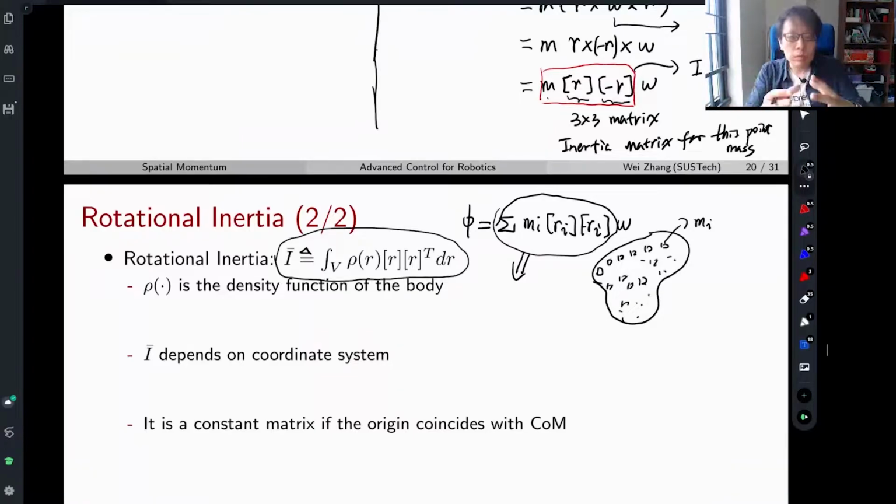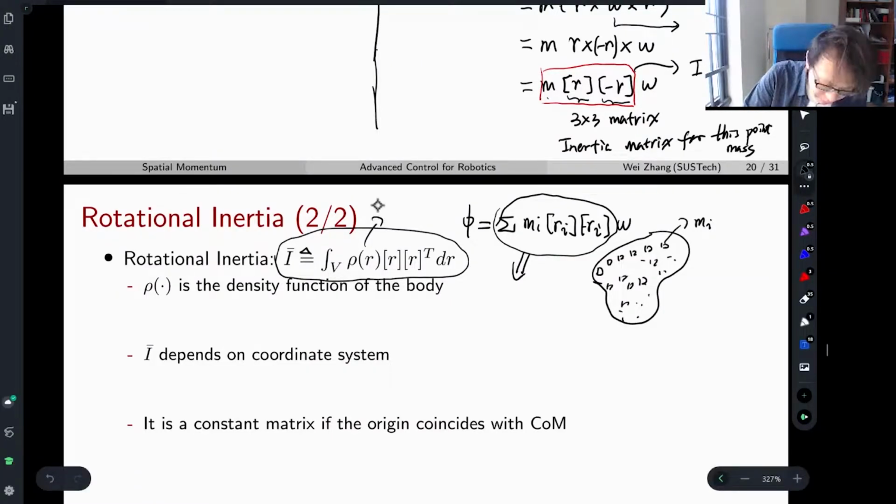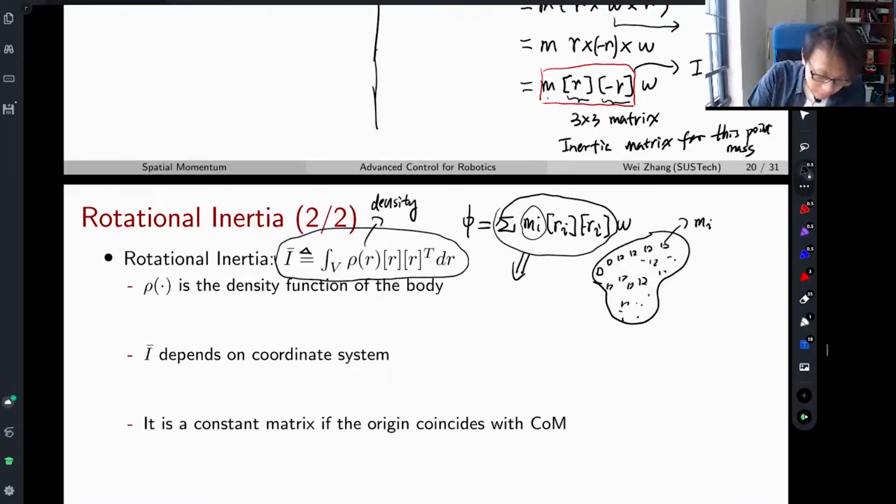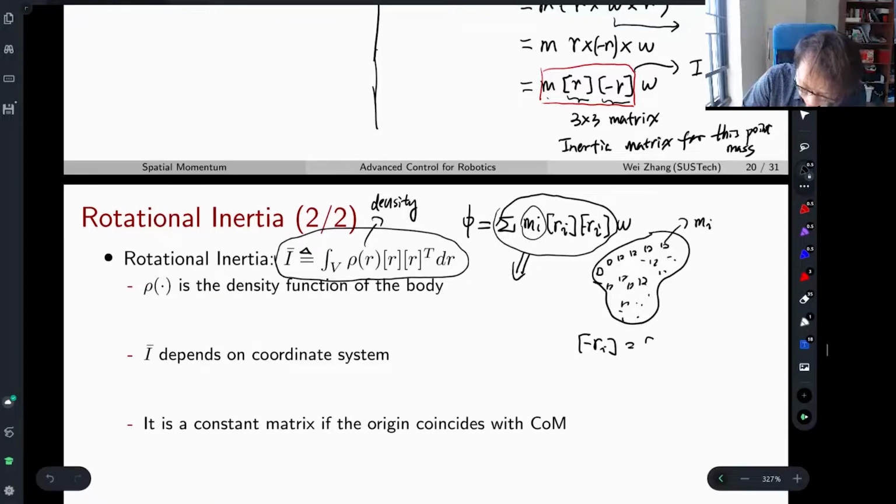And if you divide it into very infinitesimal volumes, then it becomes this. This is the density function: if you take the mass and divide it by the volume, that becomes the density. And why does it have a transpose here? Because this is also equal to r transpose, since it's skew-symmetric, either way is fine.